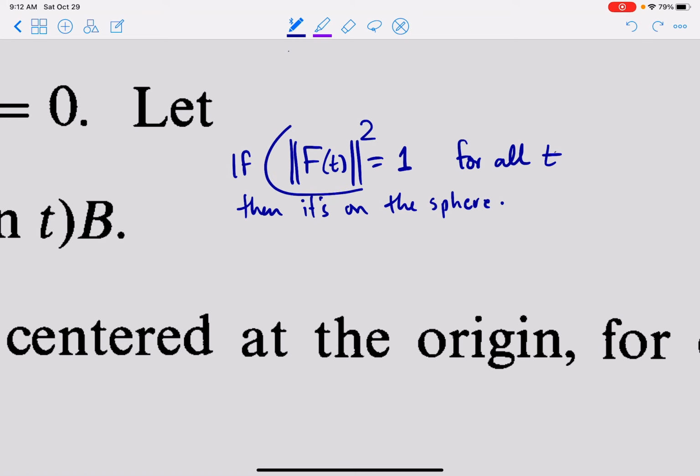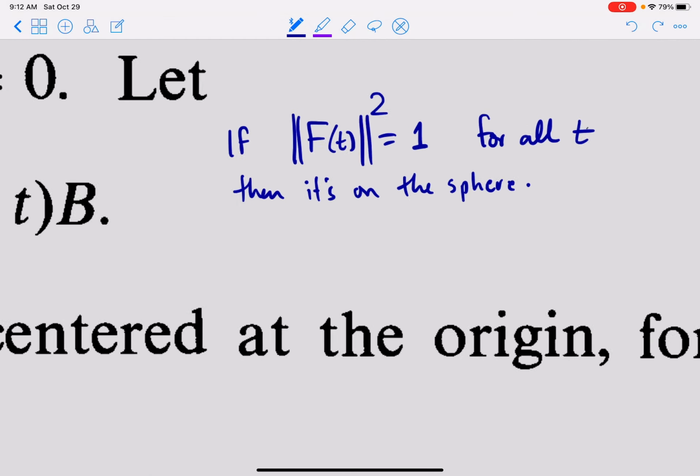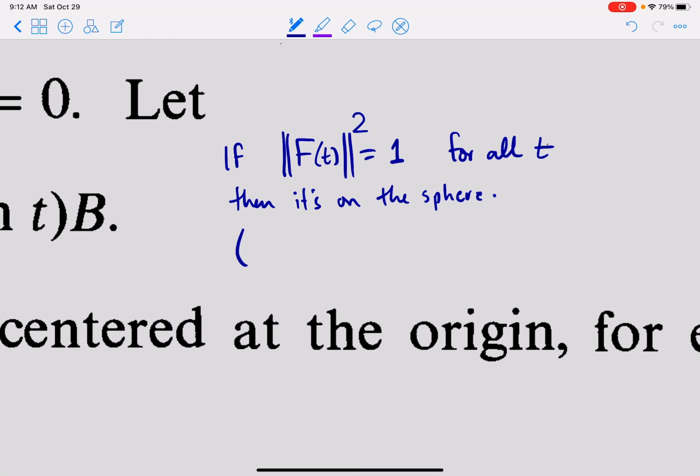And that's better because this is the dot product times the dot product. Now let's use the formula for f of t, which is this. So let's take cos t a plus sine t b. That's a vector, dot product, cos t a plus sine t times b. That's a vector. Let's take their dot product.